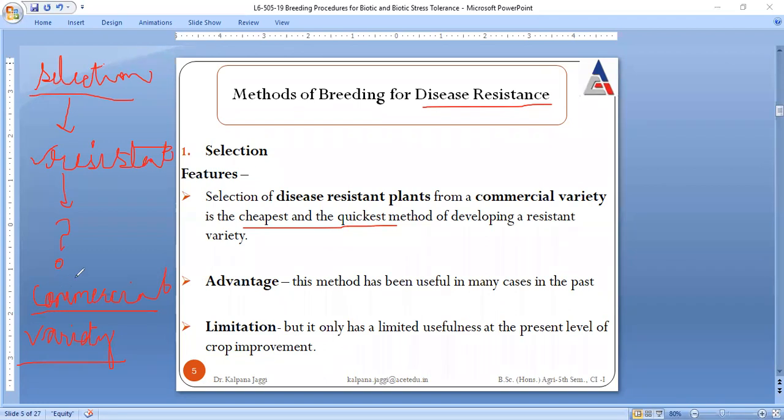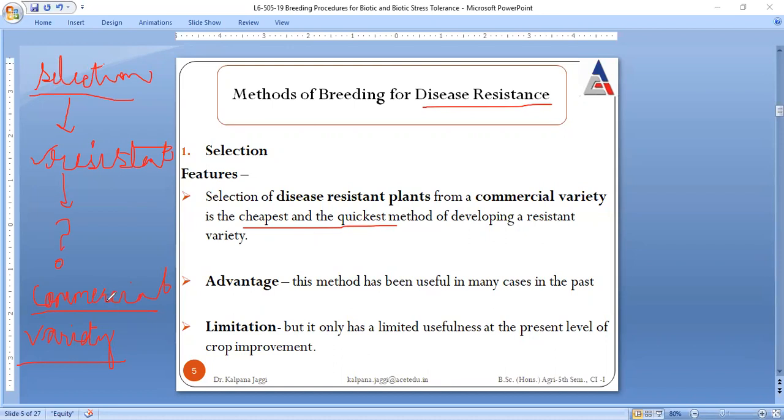Because one will be producing any variety at the commercial scale because it might have certain desirable features, right? If any variety is lacking the desirable agronomic features, then why would we look after its multiplication? We are looking after the multiplication of the variety because it has desirable agronomical features.